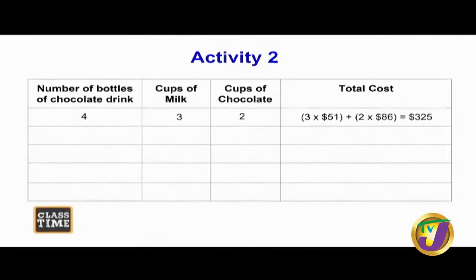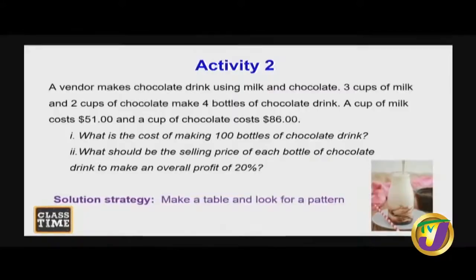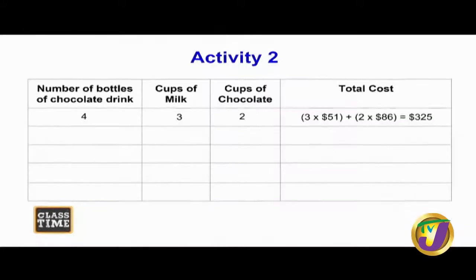So $51 per cup of milk, we multiply that by 3, added to 2 cups of chocolate at $86 per cup. So it's a total of $325 to make 4 bottles of chocolate drink.